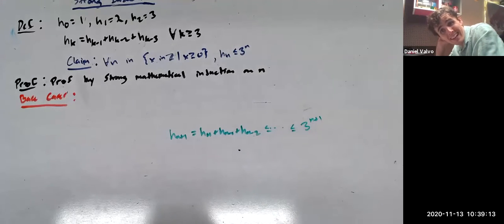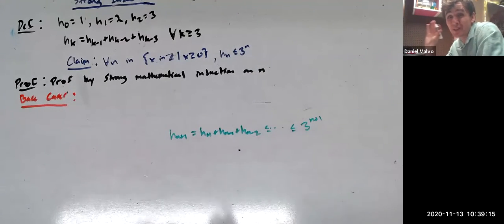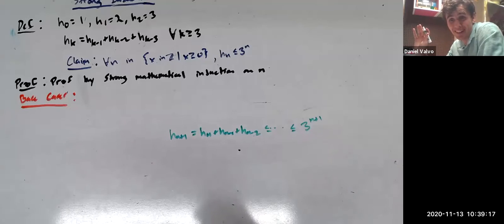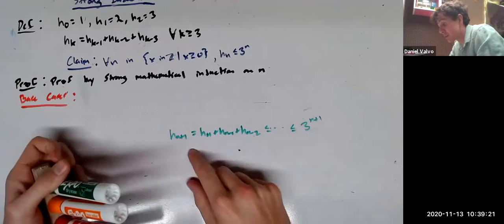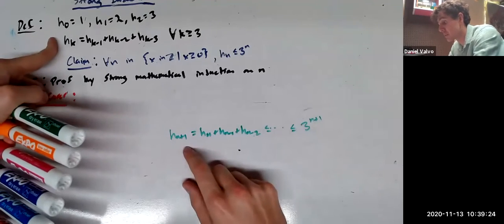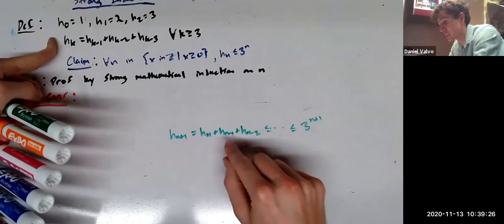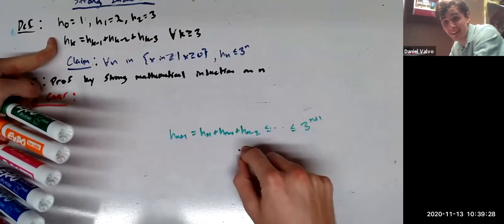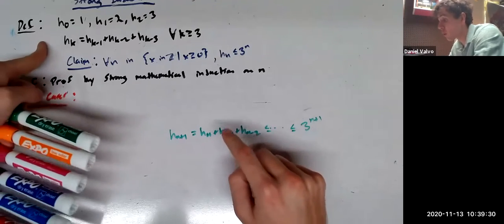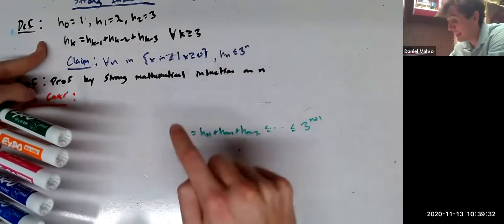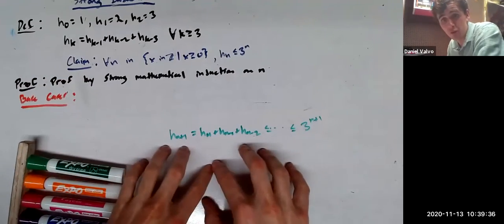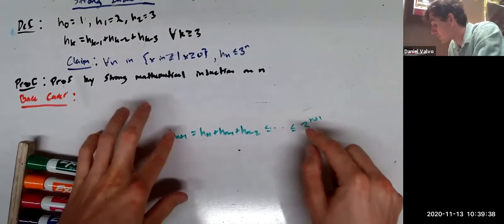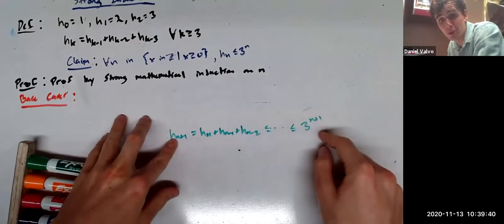But that's not always true. I kind of hid a thing in here, right? This isn't true for h of 0, for example. h of 0 doesn't equal h of negative 1 plus h of negative 2 plus h of negative 3. This recursive formula only applies when the index is bigger than or equal to 3. But we need to use this recursive formula to do our proof that h of n plus 1 is less than or equal to 3 to the n plus 1.